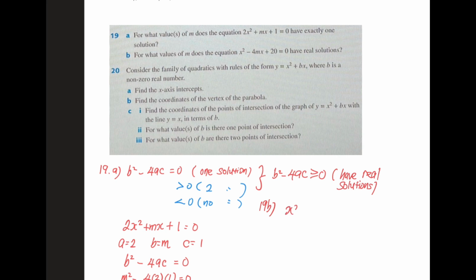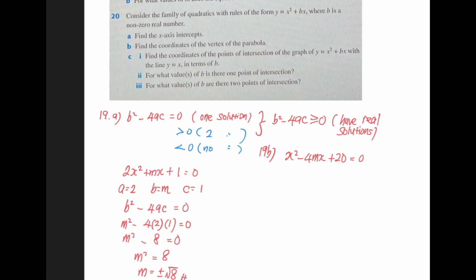We have x squared minus 4mx plus 20 equal to 0. Okay, so I write down the a, b, c first. So a is 1, the first number here, b is minus 4m, c is 20. So we have a, b, c, and we use b squared minus 4ac more than or equal to 0.